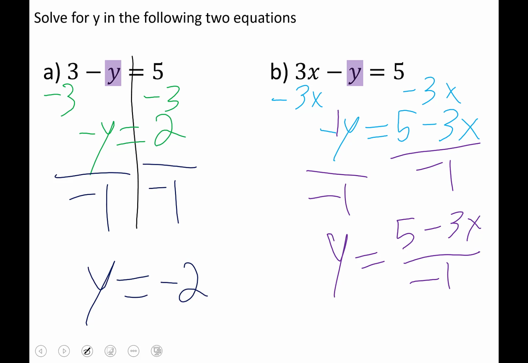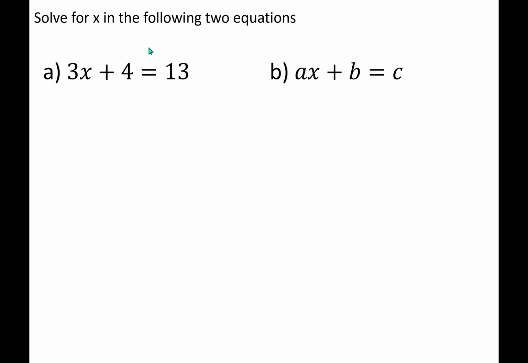All right, we're going to look at one more set. We're going to continue solving.